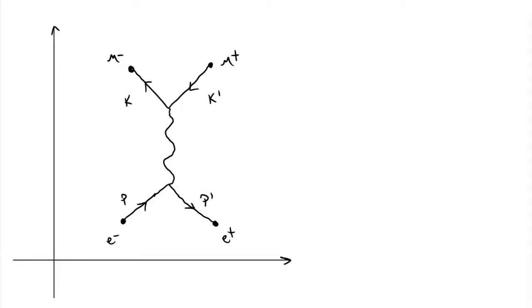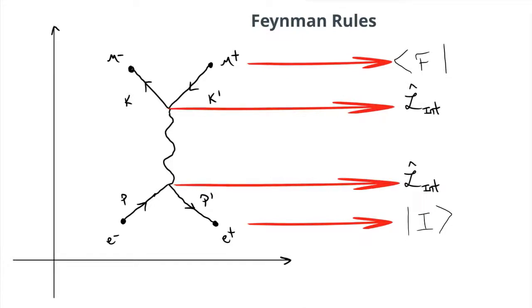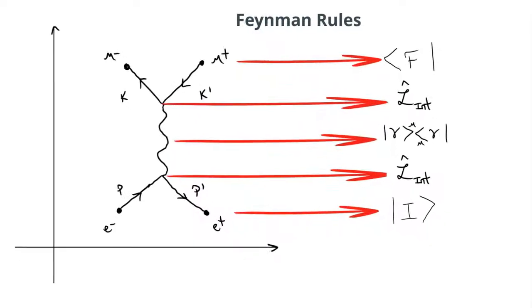Once a Feynman diagram is drawn, it can be translated directly into a path integral using what are called the Feynman rules. Strictly speaking, these rules tell us how to form the initial and final particle states, the interaction Lagrangian, and the messenger particle operators, which come together to form the path integral.